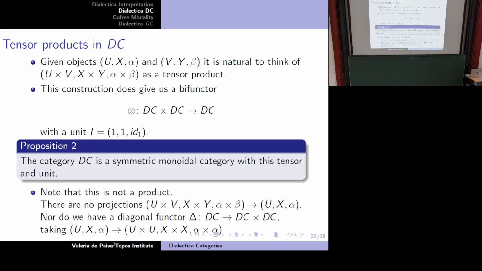And you also do not have diagonal functions, because if you take a new u, you can simply go to u cross u, you duplicate your u. But you take two things here, and they don't have to be the same. So you have an x and x prime, and you need to get back to x. What do you do? You could throw one away, or throw the other one away, or you could try to smash them together, but naturally, there's nothing that you can do.